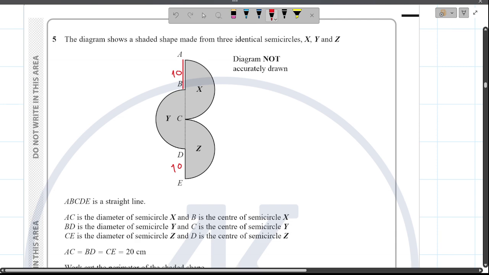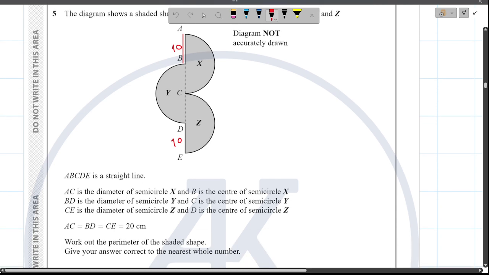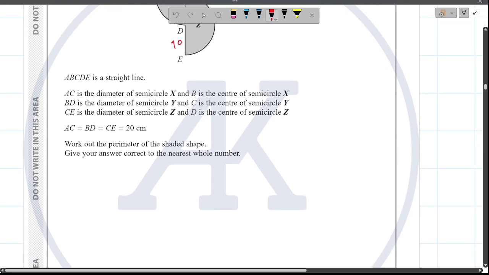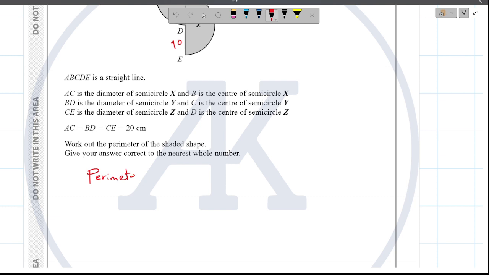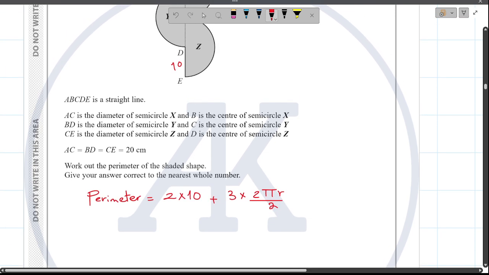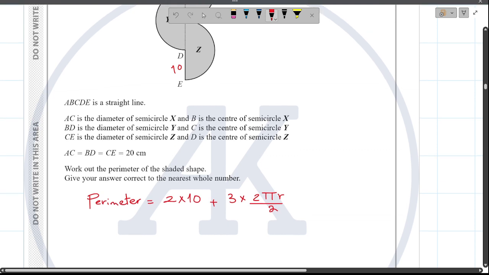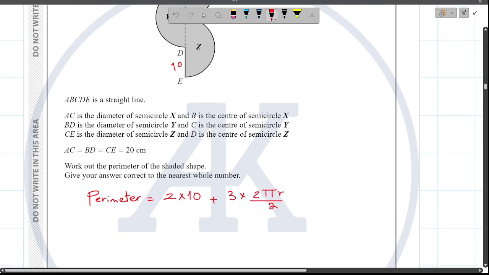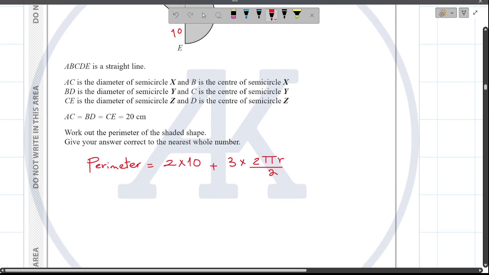And we need the circumference of 3 semicircles. So the perimeter equals 2 multiplied by 10 plus 3 multiplied by 2 pi r over 2. The circumference of the circle divided by 2 and multiplied by 3.